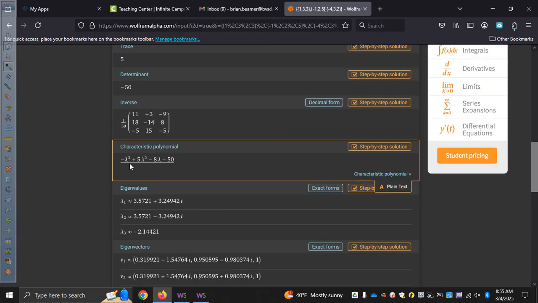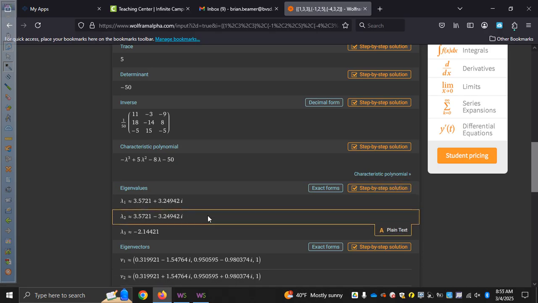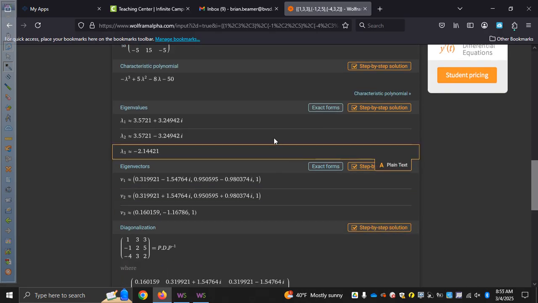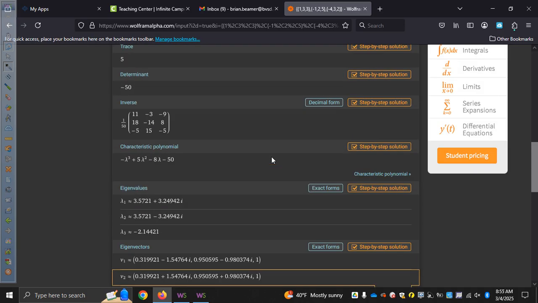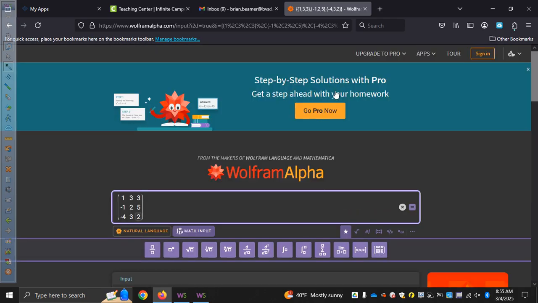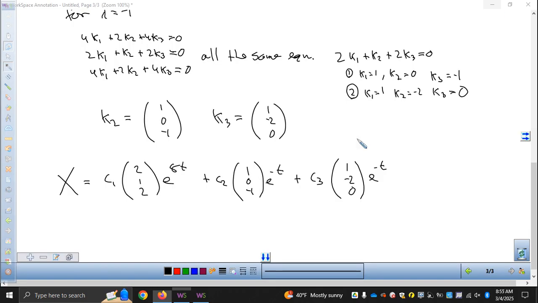Determinant, characteristic polynomial, eigenvalues, eigenvectors. So, there you go. So there's some technology that can help you. I would make sure you can find those eigenvalues and eigenvectors on your own, but you can check with Wolfram Alpha.